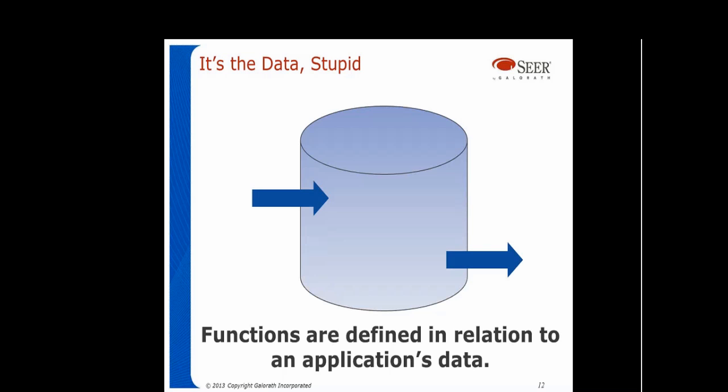Most outputs that the user sees, user being a person or another system that the application is interacting with, most outputs are deriving information from internal or external data. An inquiry that a user may make is a request to get data. So it's all about data, data in, data out. Data is the currency with which we evaluate functions.